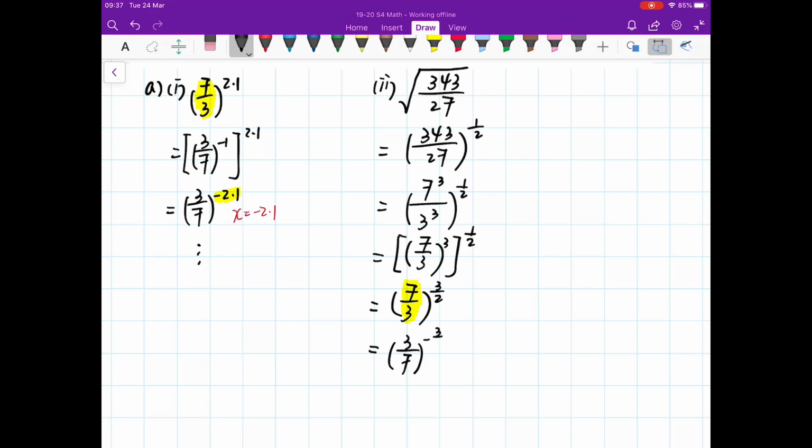Therefore, it will become -3 over 2. So we get that x is equals to -3 over 2, or we can say that it is -1.5. Okay, this is part A.